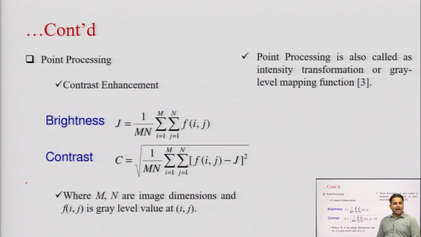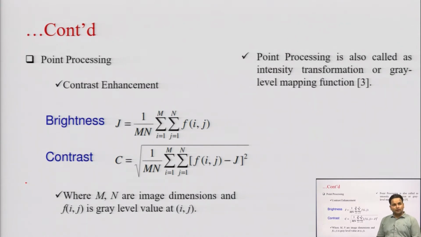If we have an M cross N image, then the brightness can be identified using this expression: J equals 1 upon M into N, summation over I from 1 to M, which shows the rows of a digital image, and another summation over J from 1 to N, of f of I comma J, where f of I comma J is the digital image function, which we talked about in the previous lecture.